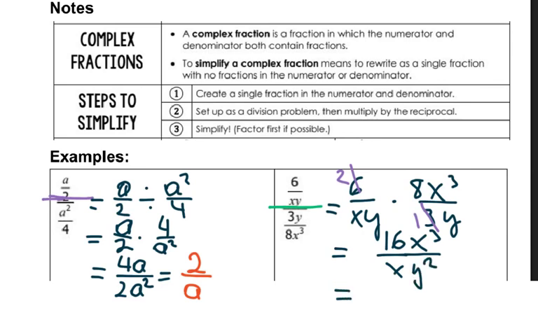And as the final answer, I'm going to simplify my variables. So I'm going to divide x cubed by x by subtracting exponents, which will give me 16x squared over y. And this is my answer.